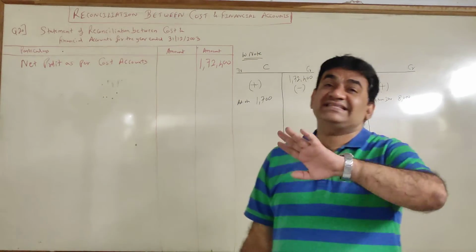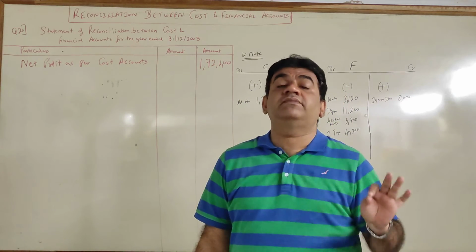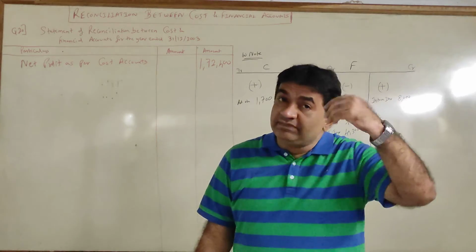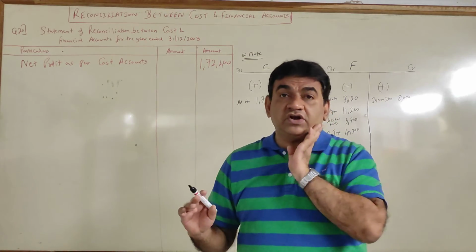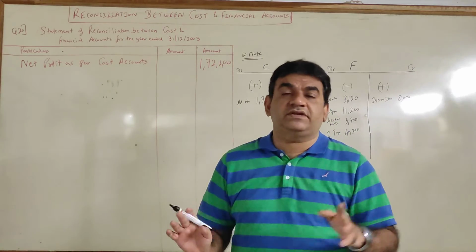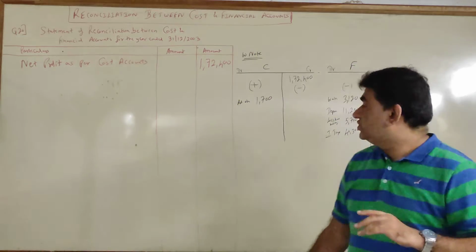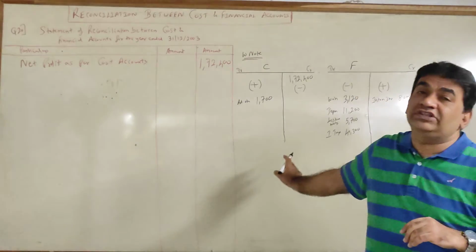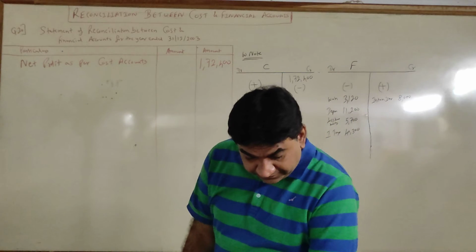Got it? Income tax never comes in cost sheet. So it will never come in cost accounts. It will come only in finance. Sometimes it is possible that they might make a mistake. It will never come in cost account, but by mistake it might be recorded in cost. So you have to see the situation. But normally it doesn't come. It is always in finance. So you will record it on the debit side of finance because it is an expense.